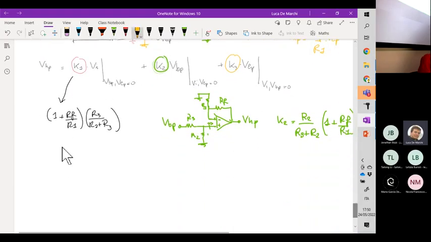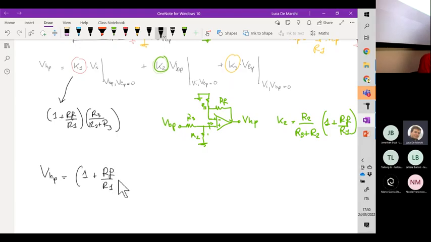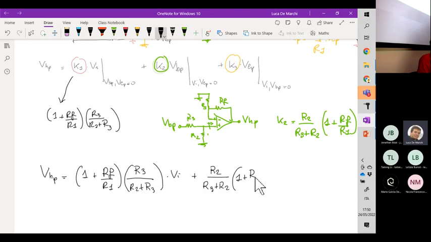So VHP is equal to K1, so 1 plus RF over R1 which multiplies R3 over R2 plus R3, which multiplies VI, plus the second term, K2, which is R2 over R3 plus R2, which multiplies 1 plus RF over R1.